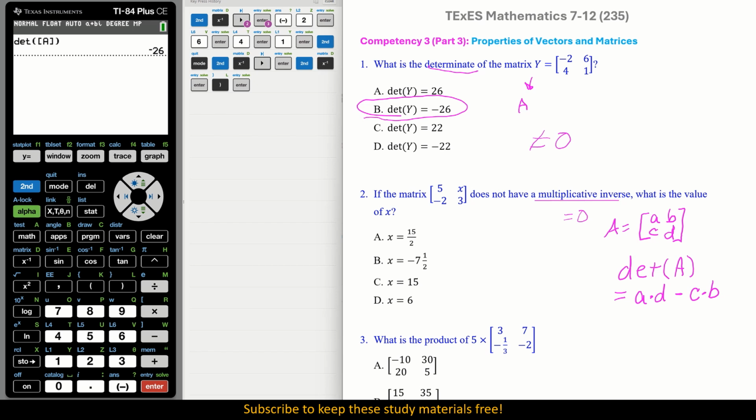So that gives you an idea of exactly what to do. So what are we going to do? We're going to say 5 times 3 minus 2 times x equals 0. Okay? All right. That's a minus.